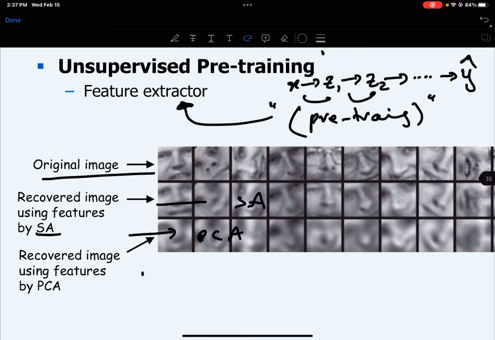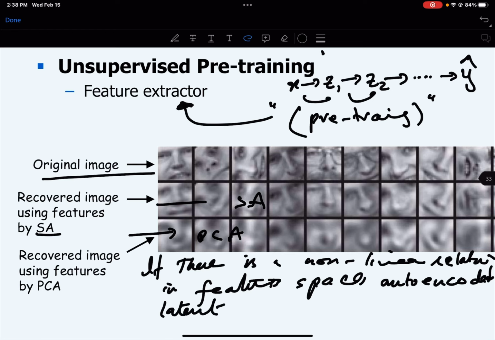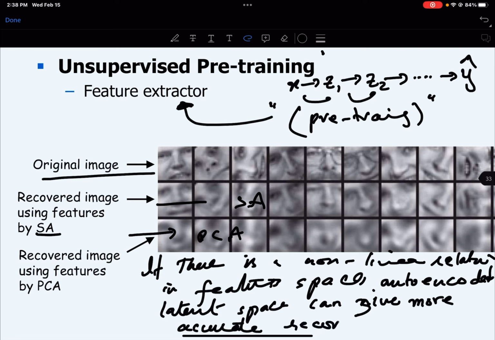Because if there is a non-linear relationship in the feature space, the autoencoded latent or intermediate space can give you a more accurate reconstruction.